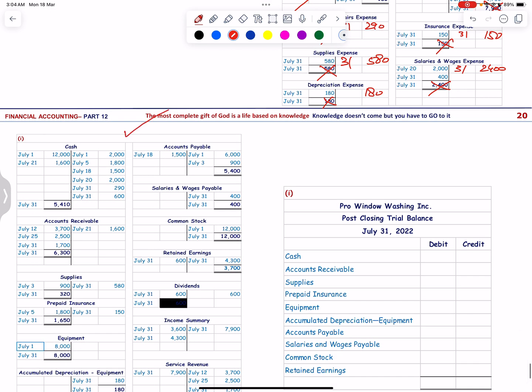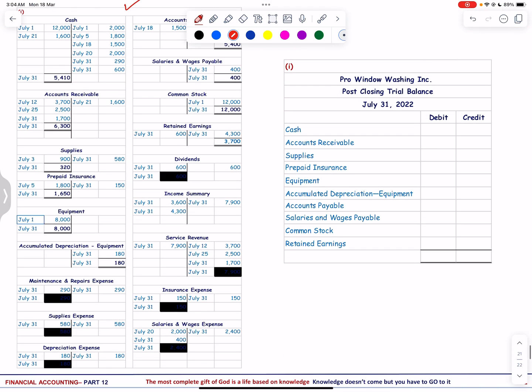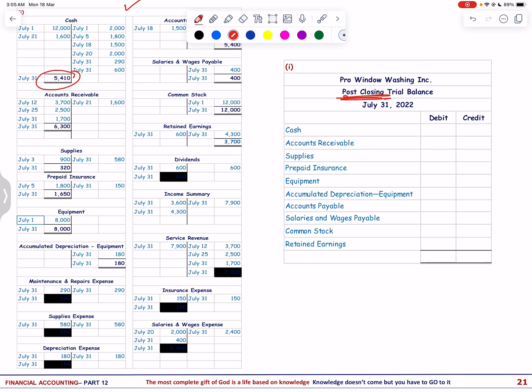Now when we are putting the post closing trial balance, don't forget that all the temporary accounts, since they are going to have a 0 balance, that is revenue, expenses and the dividend, so we have only the assets, liability, stockholder equity and retained earning. So we have cash 5,410. We have accounts receivable 6,300.